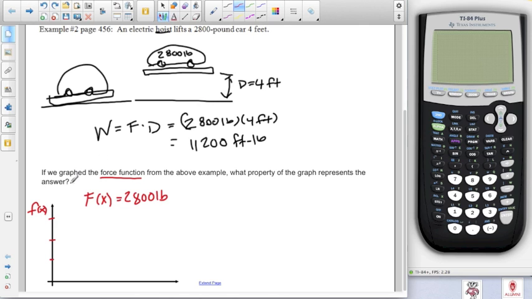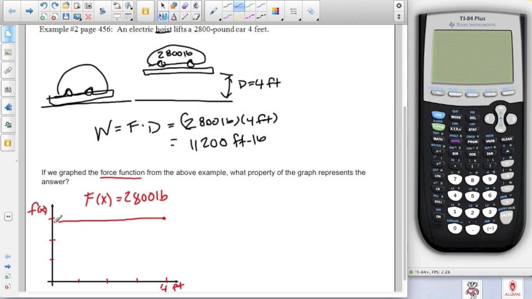So graphing that force function might look something like that. And then we're going to lift it for 4 feet. So maybe we have 1, 2, 3, 4 feet.